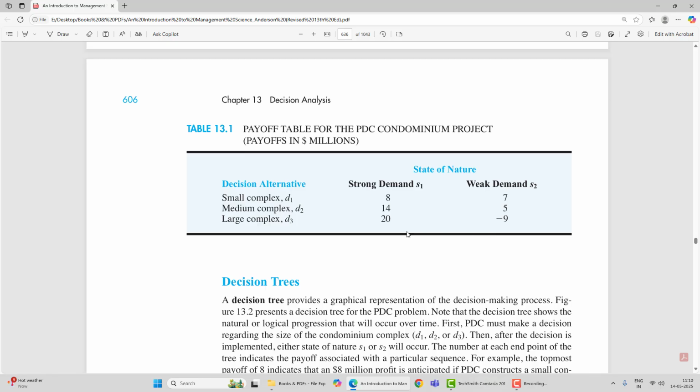So this is called the payoff table for the PDC condominium project, and payoffs are in dollar million. This information will always be given to you, and you need to capture that when you are going through the problem.